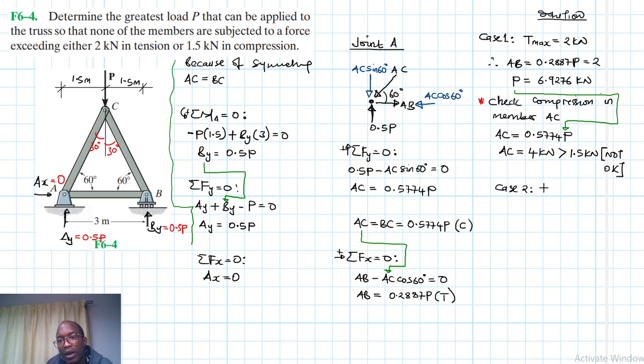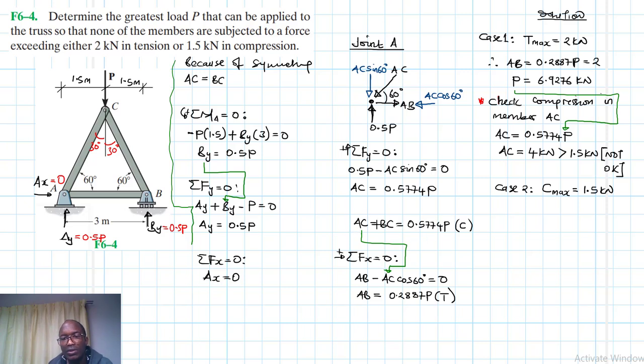Case 2, compression. C max as our compression is equal to 1.5 kilonewtons. Which members are in compression?